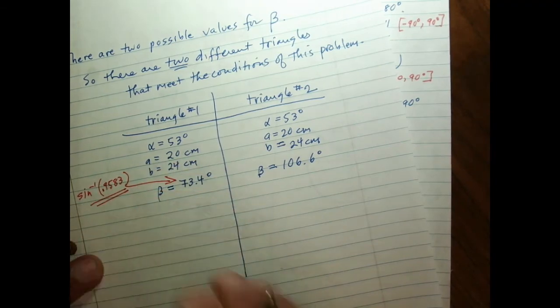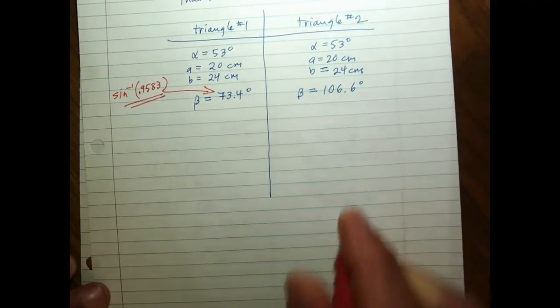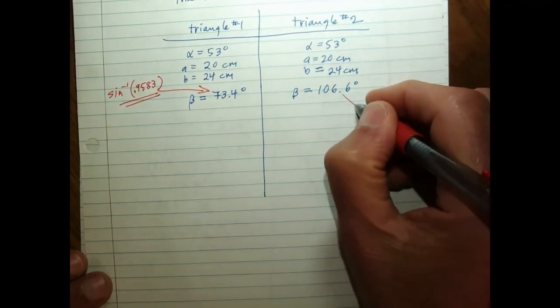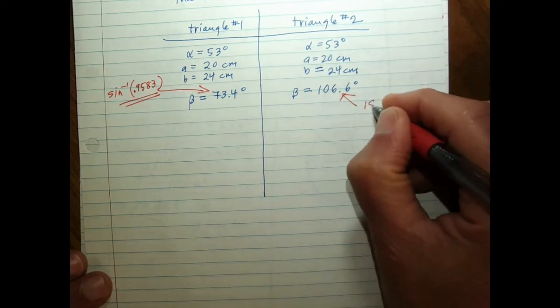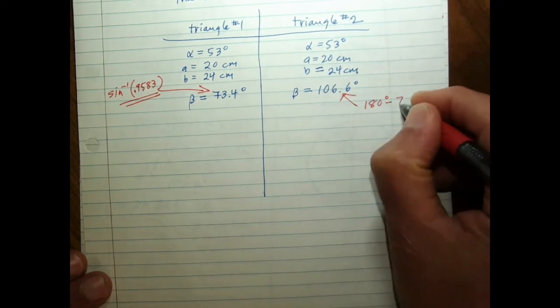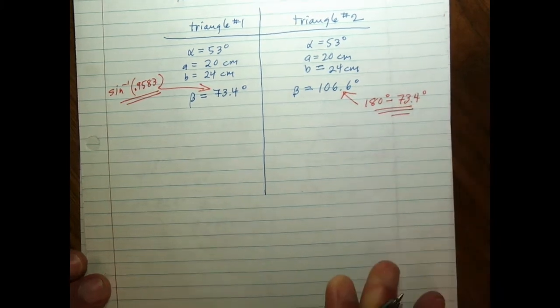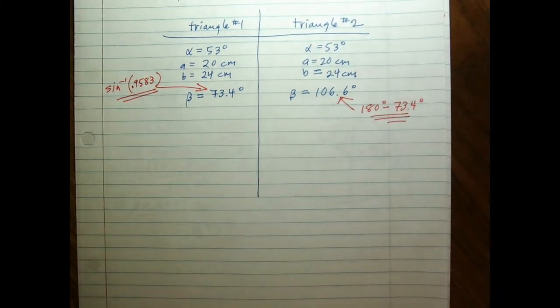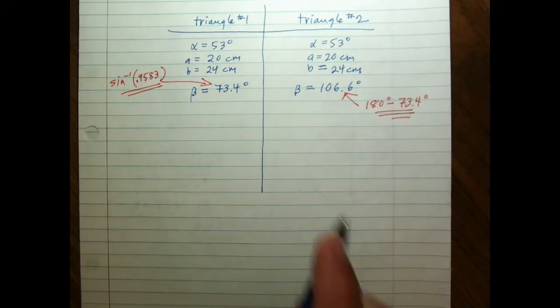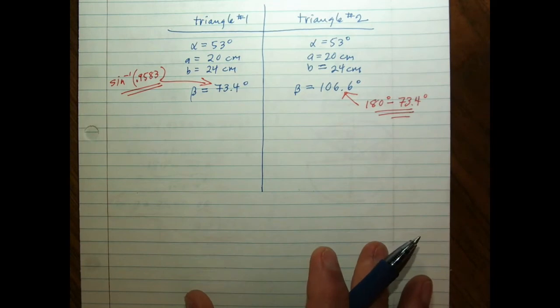So we used our calculator to get that one. The calculator is not smart enough to give us the other value. This is 180 degrees minus 73.4. We need to be able to figure that out on our own. We need to know that that step is required to find that other possible value of beta.